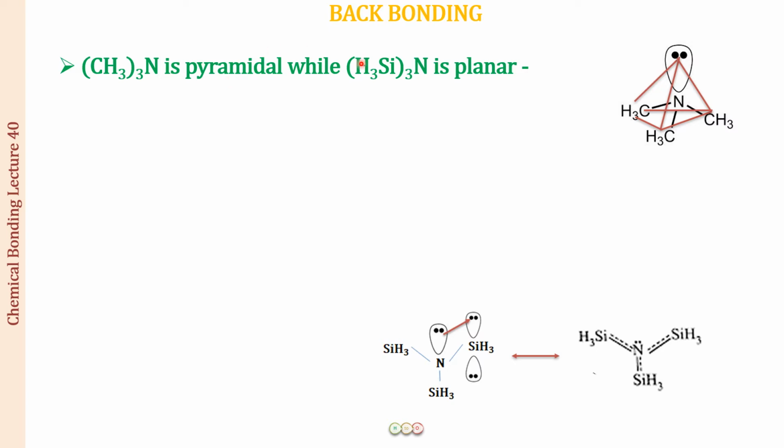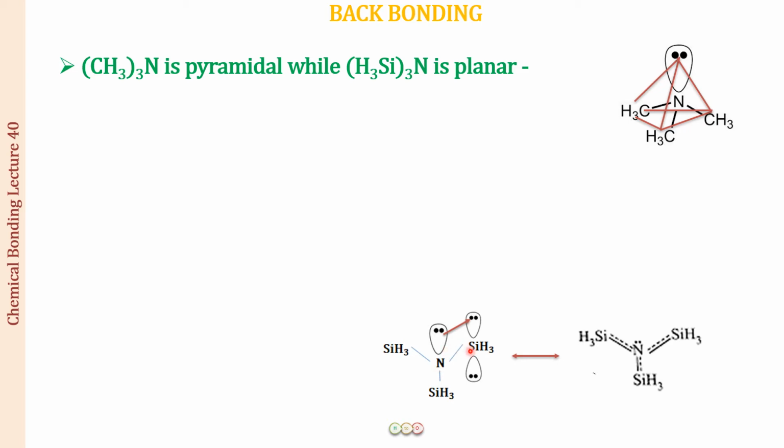Now, if you look at trisilylamine, we have again a nitrogen which has a lone pair of electrons. It is again making 3 sigma bonds, with silicon. So this should also have sp3 hybridization, but again, look back at the atoms. Nitrogen is a second period element. It has a lone pair of electrons. Silicon is a third period element.